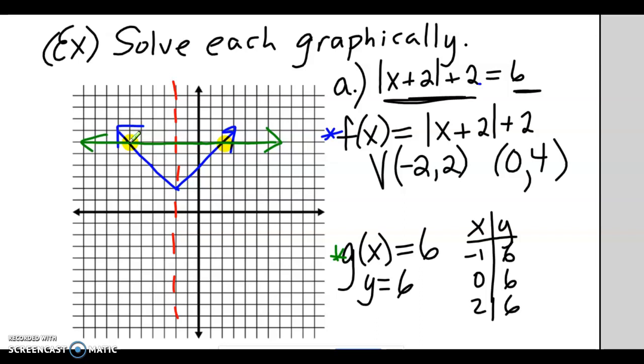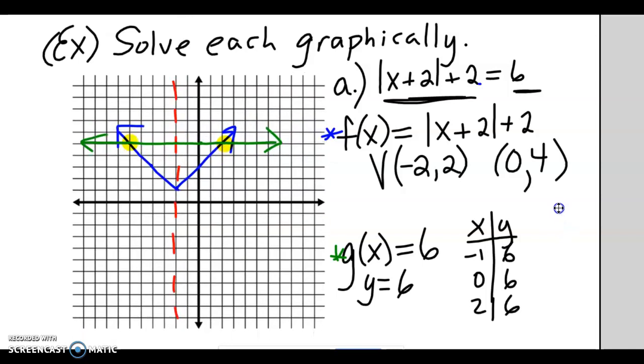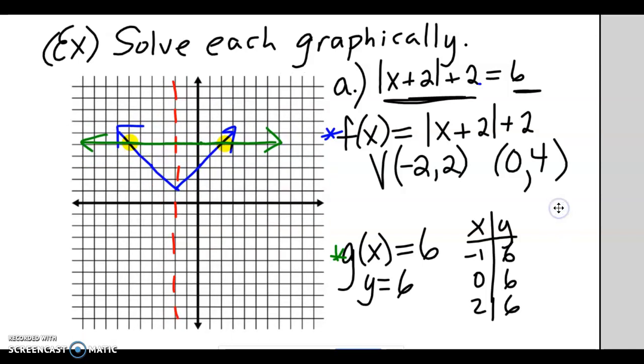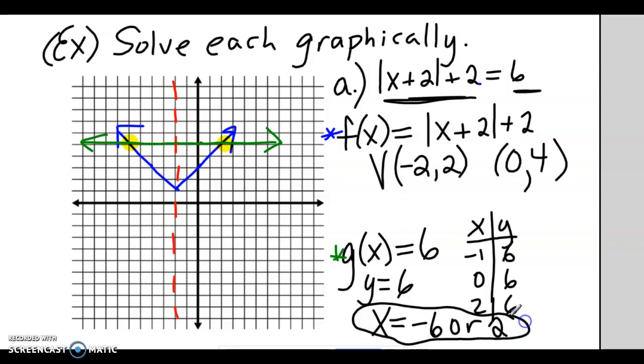Okay, so our solution, I'm going to put it right down here, is x equals -6 or 2. We use the x coordinates of these 2 points of intersection. And if we did this algebraically, we'd get the same thing.